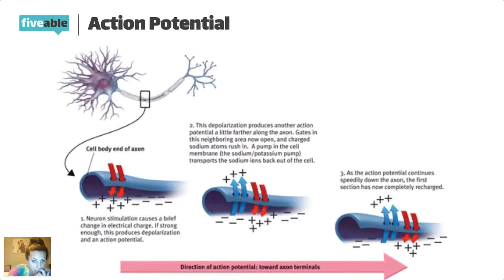So that is what the diagram here is showing you. And basically, the cell wants to go back to its neutral state. So as the positive is rushing in, the negative is rushing out, the positive is rushing in. It just kind of goes in, out, in, out, in, out, in, out. That's what pushes the message down the axon.